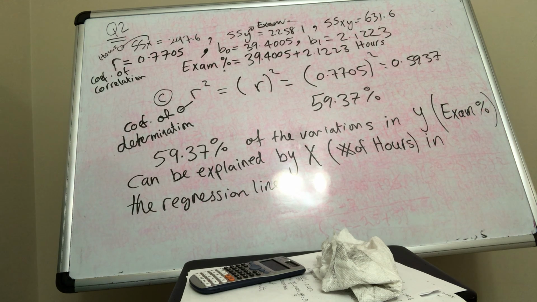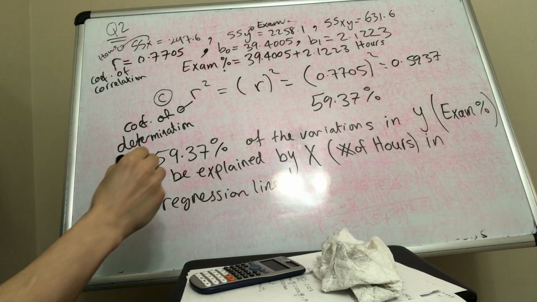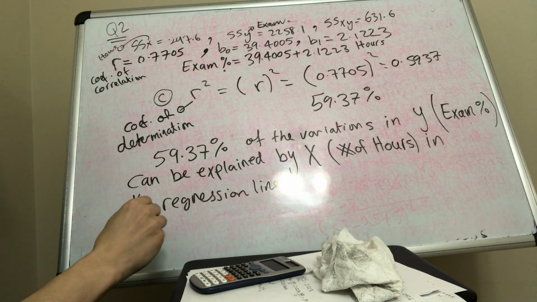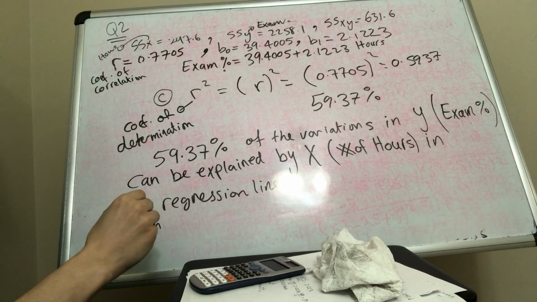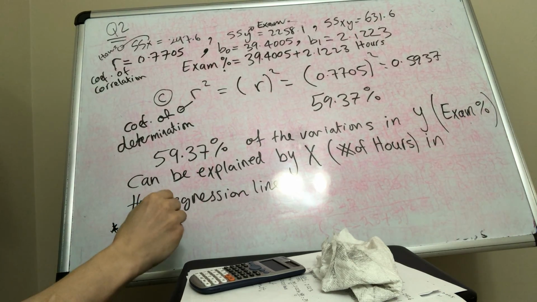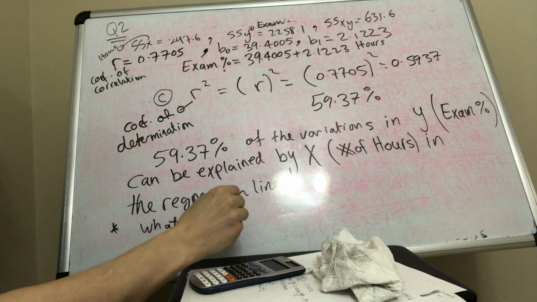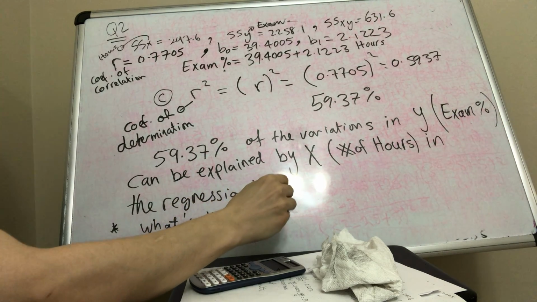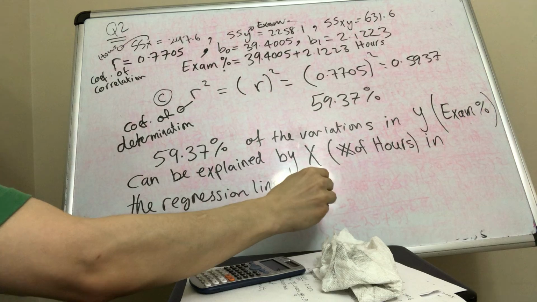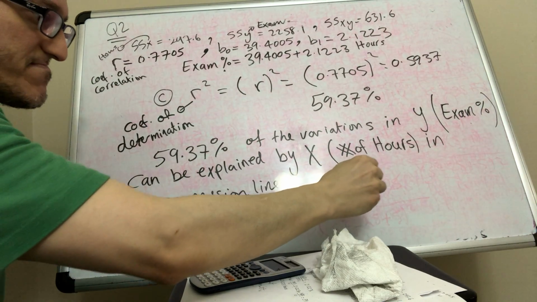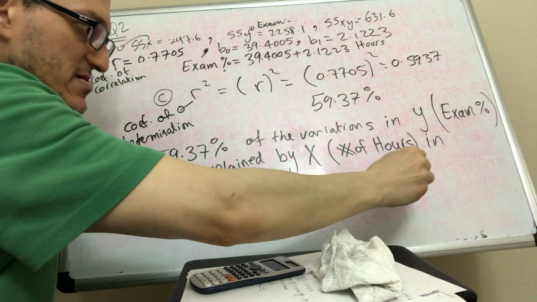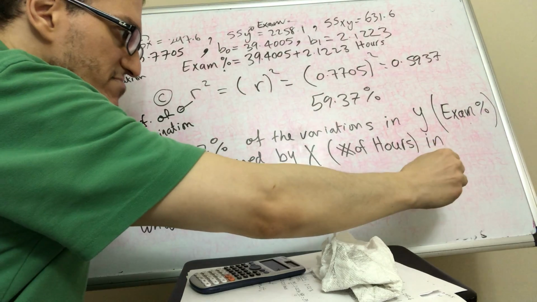In one of the exams, she asked what's the percentage of variations that cannot be explained.